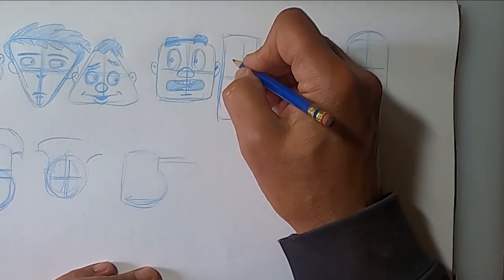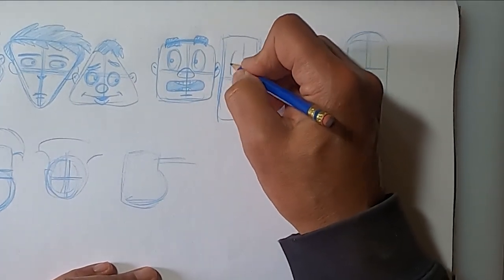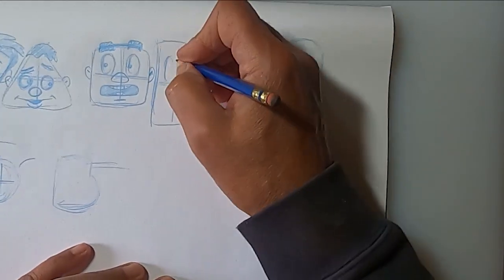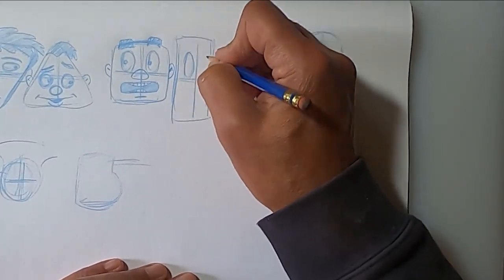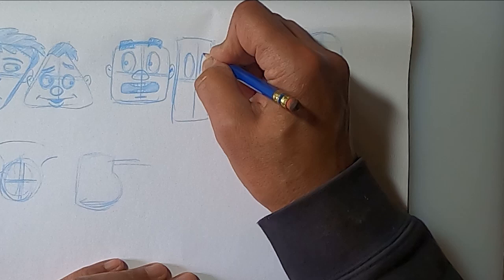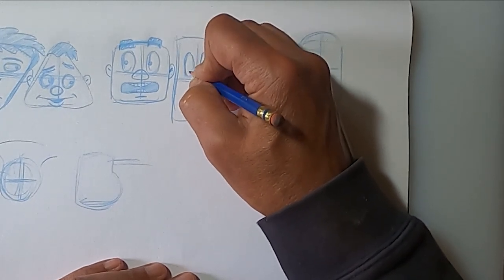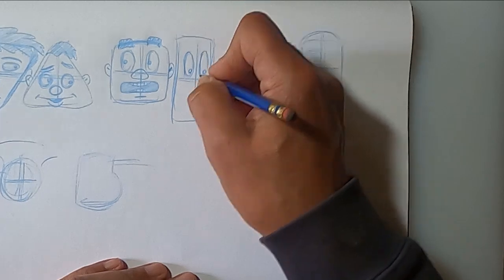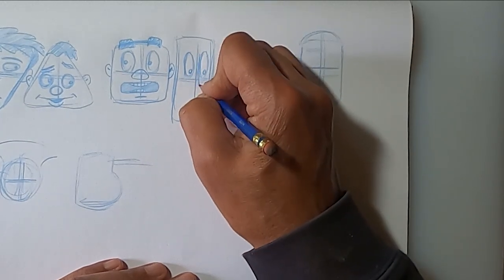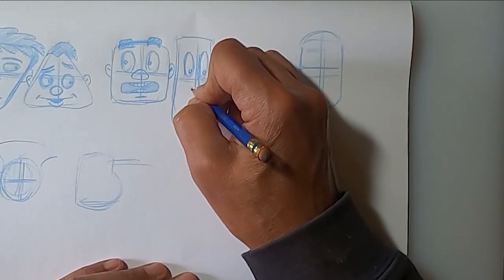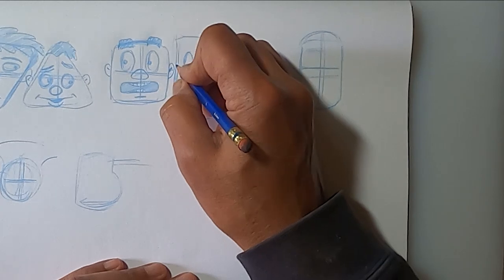Maybe this guy has an elongated face. And he's got these ellipses for eyes. Just a bump for a nose.